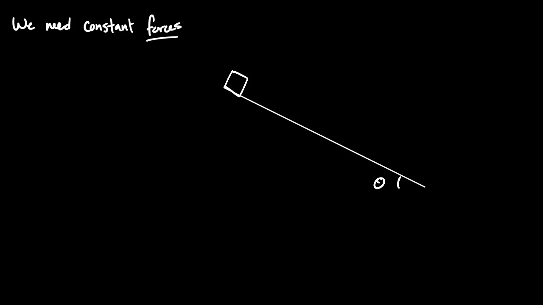Now, all I have to do to make it something that is outside of our ability to solve is change the ramp. If the ramp is curved in some way, the forces are no longer constant. None of them are.